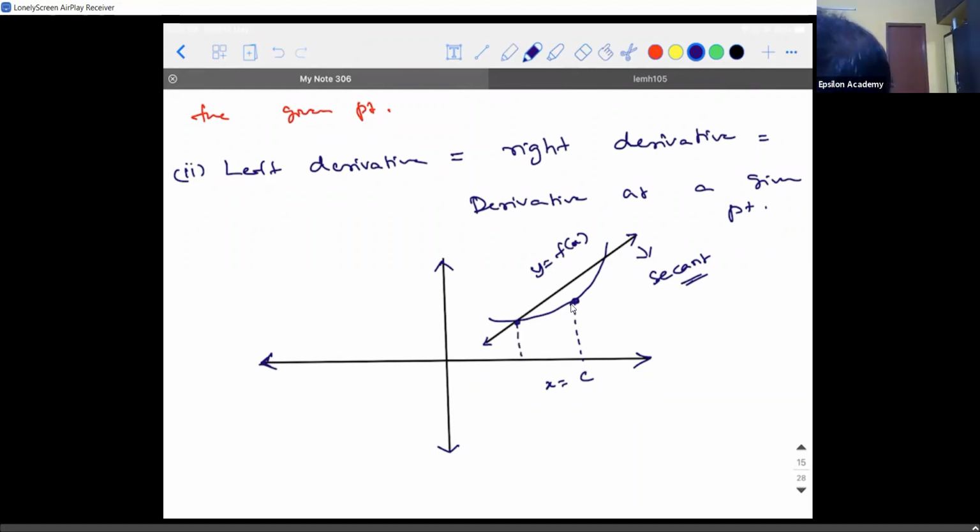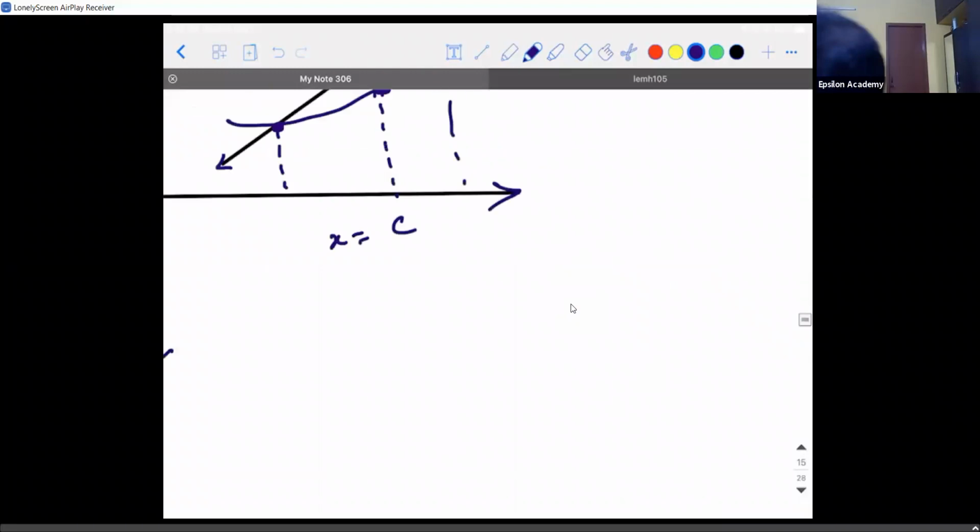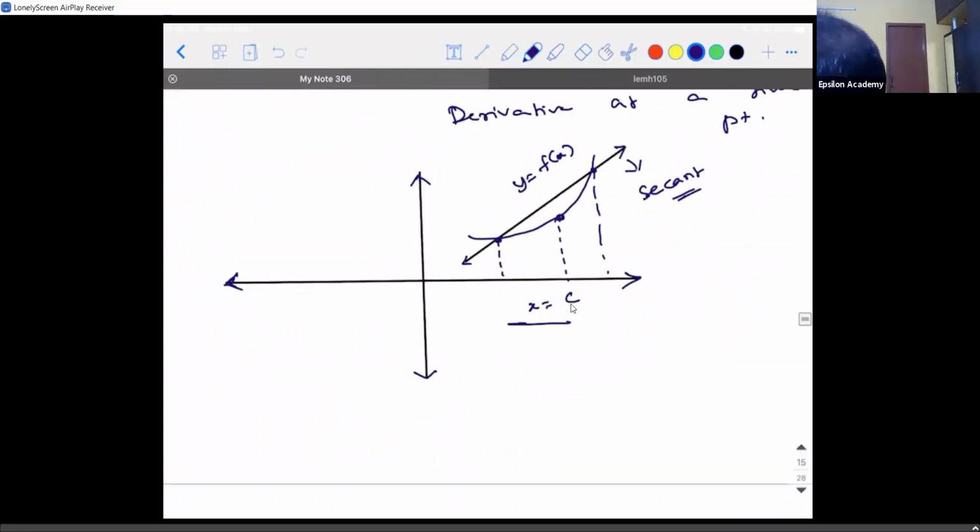With respect to c, symmetrically on the left of c and the right of c, exactly at a distance h, I'm able to find two points. If I call this distance h, then this point is c minus h comma 0.